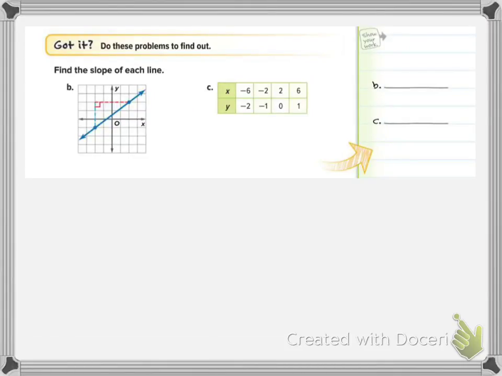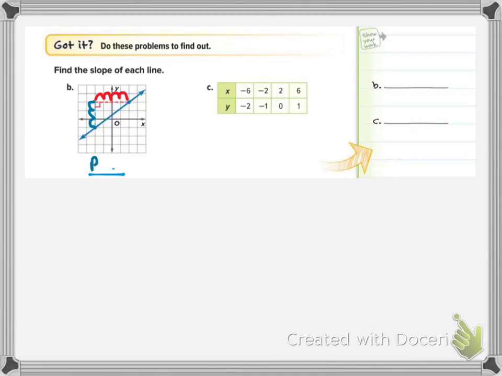Let's look at the Got It Together on 183. In B, we have a line, and we're looking for the slope. So we want to look at the change in the vertical, change in y, over the change in x. So we count our run, sorry, let me back that up.